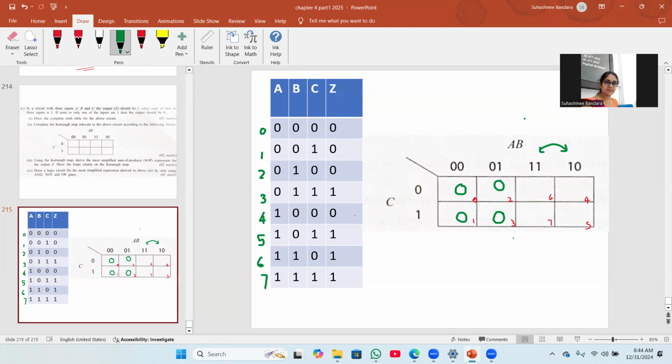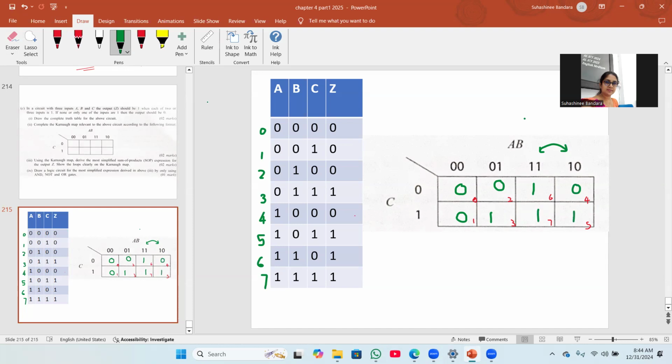1 for 3, that means 0, 1, 1. And then 1, 1, 0 for 6. That is 6 on, 7 on, 4 is 0, then 5 on.